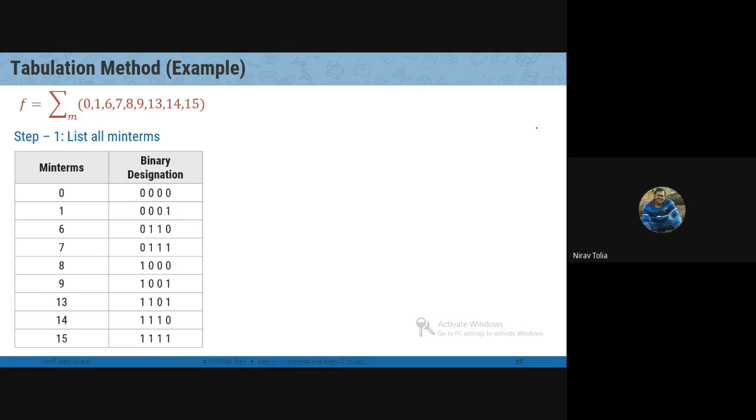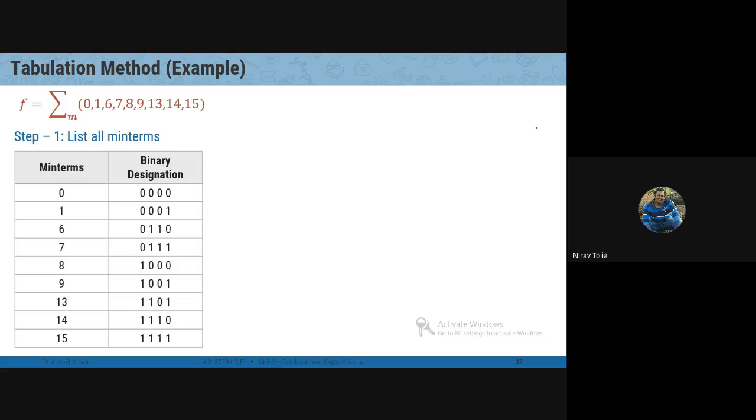In 0 we do not have any 1. That table is known as the index. So we start with index 0, then index 1, index 2, index 3, and index 4. The maximum possibility is 4 ones, and the minimum possibility is 0 ones.